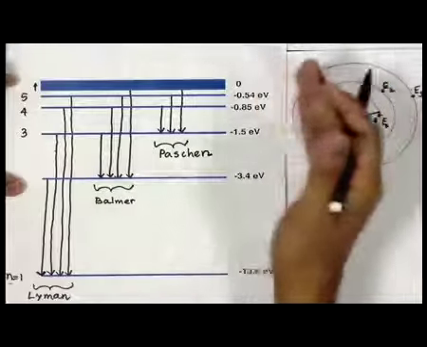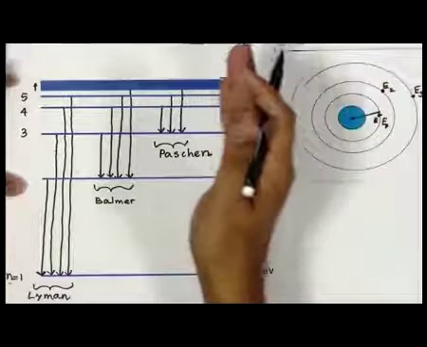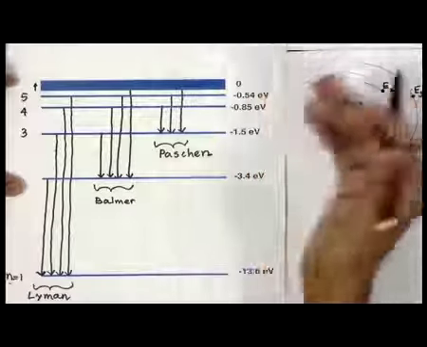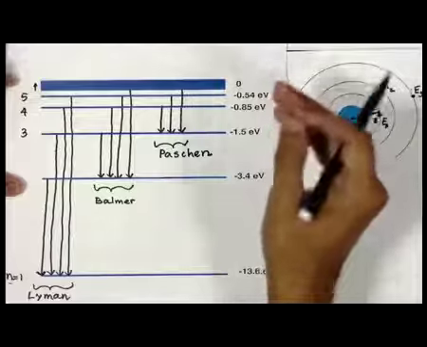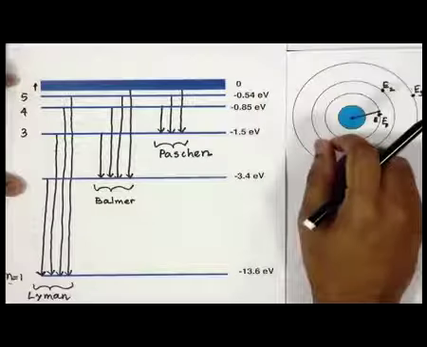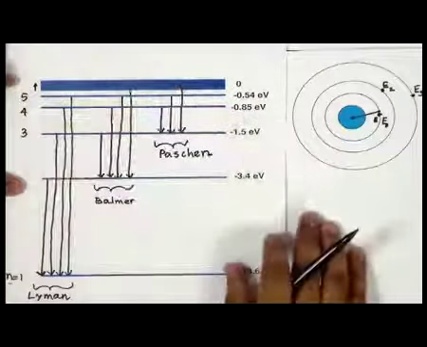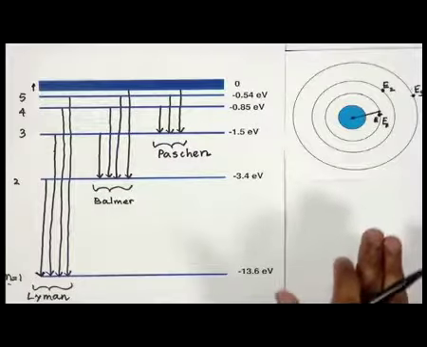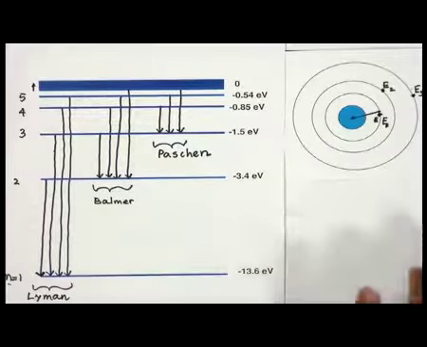Therefore, they will give away radiation of almost the same wavelengths. This is how Niels Bohr, with his simple atomic model, could explain the very complicated features of the emission spectrum of hydrogen atom.